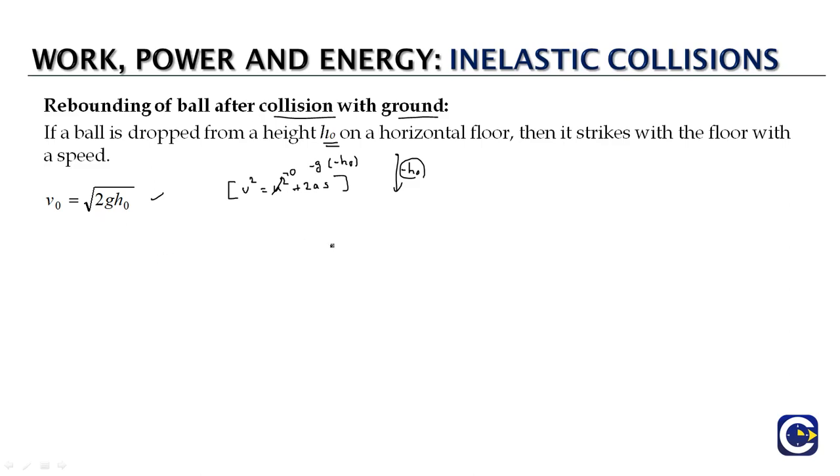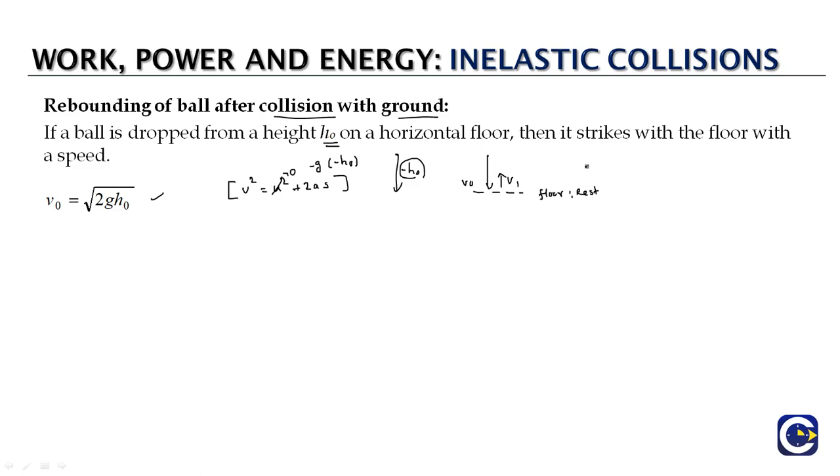Now once it is striking the ground with a speed v0, the speed with which it will rebound will not be the same as v0. Let us say it is v1, the speed of the ball after the first rebound. If you look at the relation between the two, we assume that the floor is always at rest, both before and after the collision.